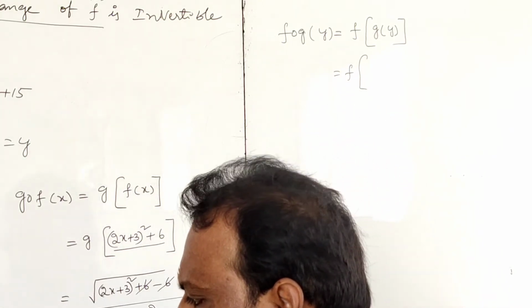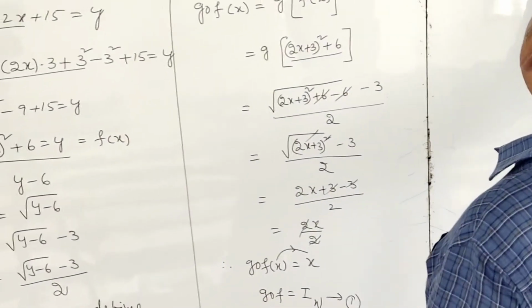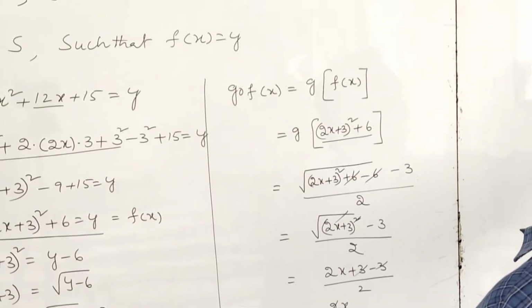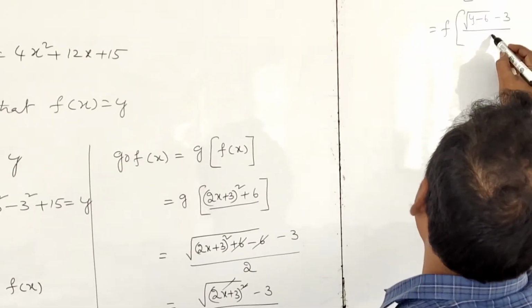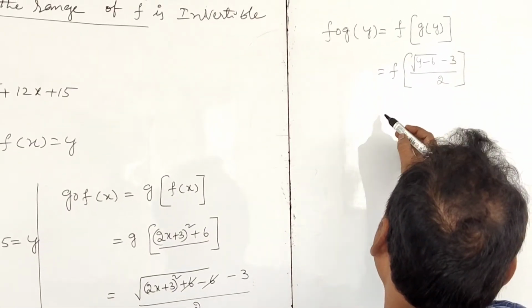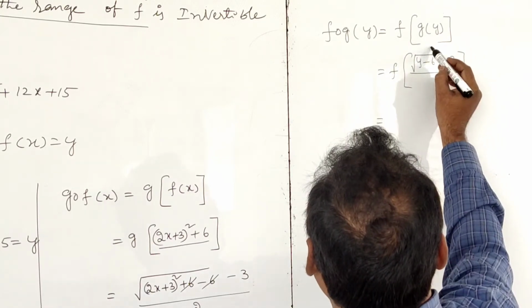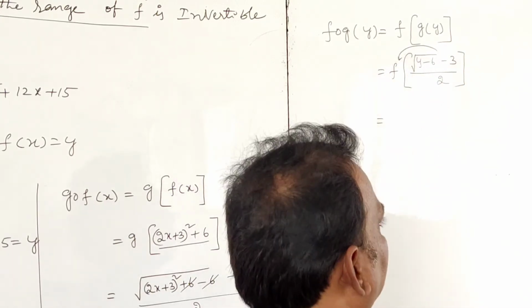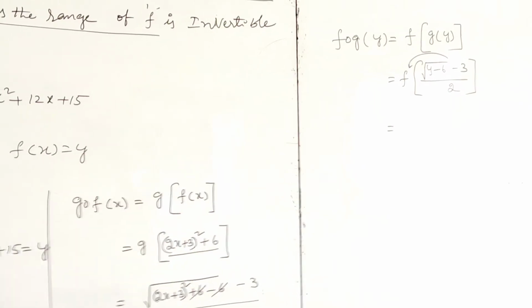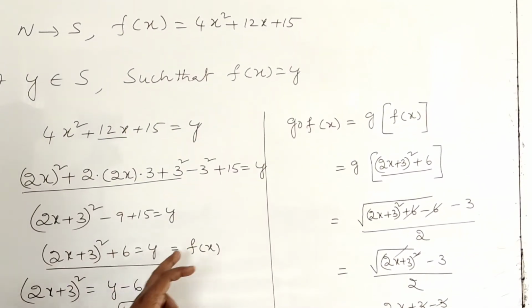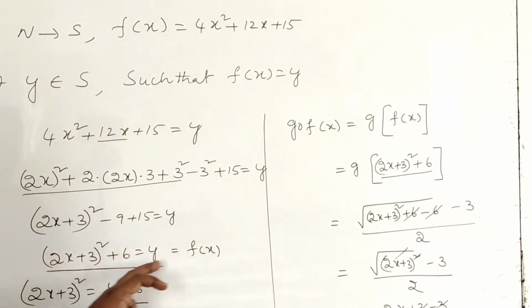G of y we got here, that is root over y minus 6 minus 3 upon 2. So this is in the form of f of x. This entire value we are going to replace in f. Where do we have to replace? F means f of x. F of x is here or here. So better to replace here.